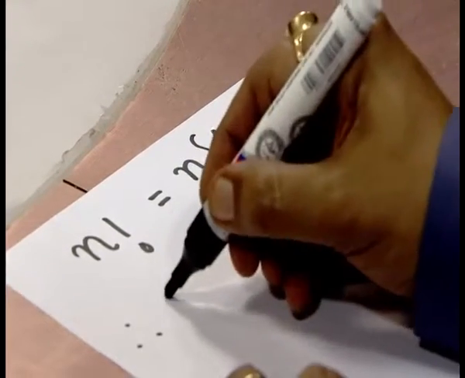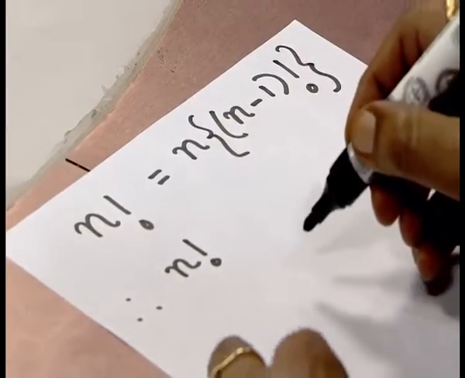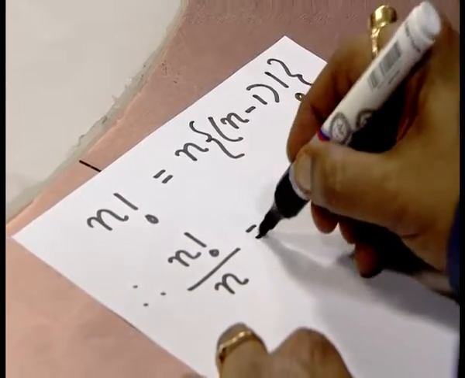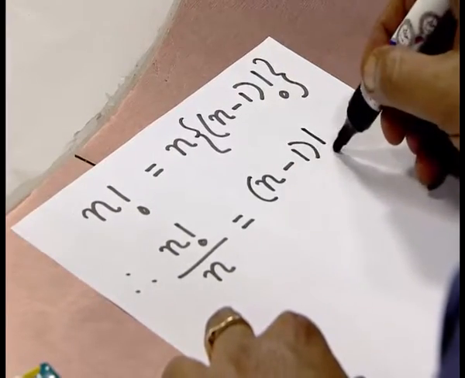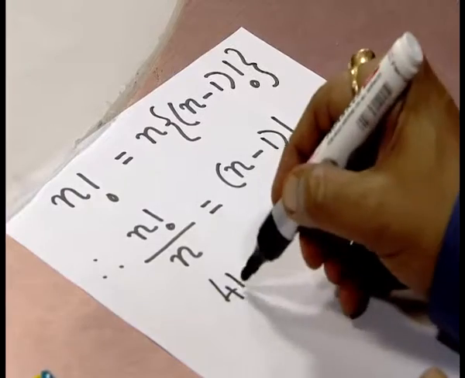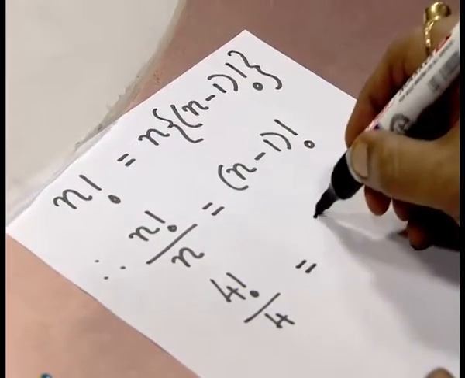Therefore, factorial n divided by n is equal to (n minus 1) factorial. To give further clarification to this, factorial 4 divided by 4 is equal to factorial 3.